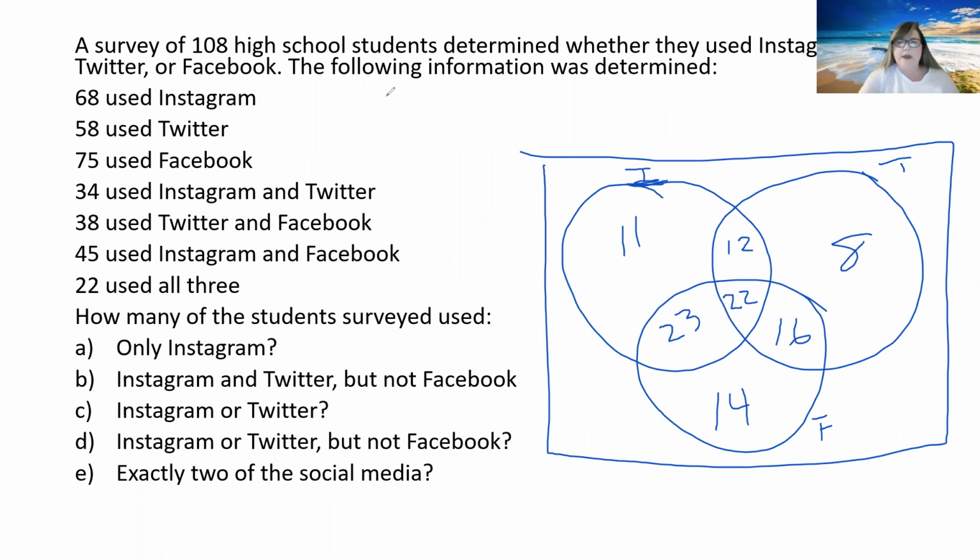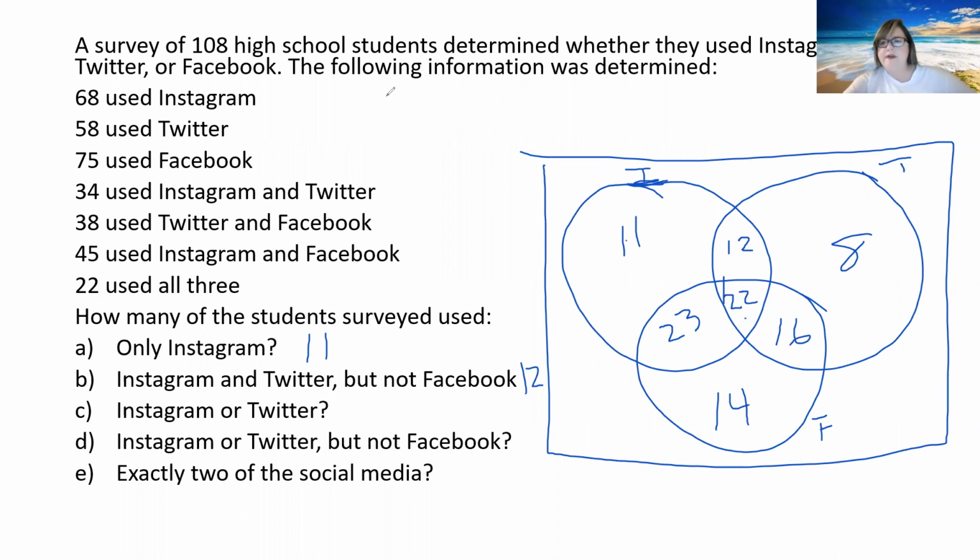Okay. So how many people only used Instagram? 11 of them, right? Because that's out here and not in any of the circles. Instagram and Twitter, but not Facebook. That's only 12 people that did that. Instagram or Twitter. Instagram is everybody in the Instagram circle. So that's 11 plus 12 plus 22 plus 23.